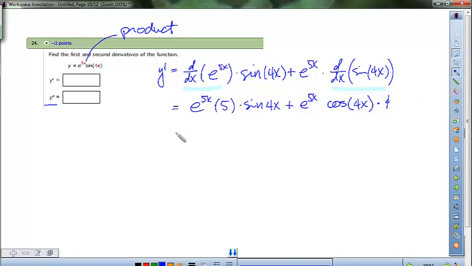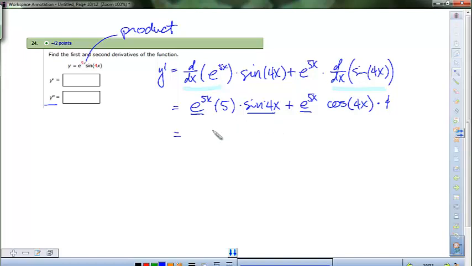So in thinking about finding the second derivative, what we want to do is generally simplify the first derivative so we can do a derivative again. If you look at this, this looks like it's going to be two product rules, but if you look at it even closer, we have e to the 5x times sine 4x and the constant e to the 5x times, oh, I guess you cannot combine it.